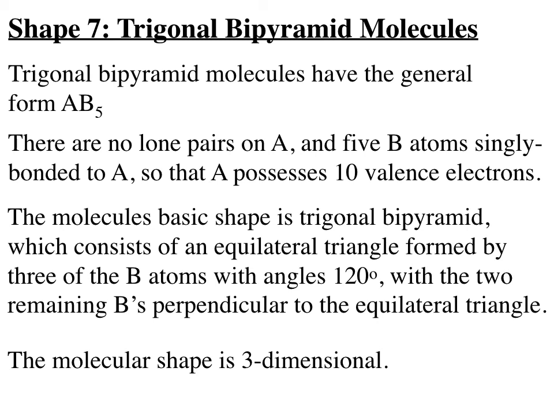A trigonal pyramid, you'll remember, was a triangularly based pyramid shape. A trigonal bipyramid is essentially we're going to take 2 triangular pyramids and slap their bases together to make this molecule. Now, a trigonal bipyramid molecule has the general formula AB5.